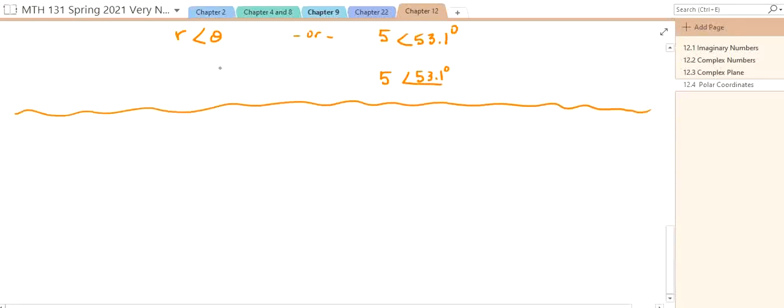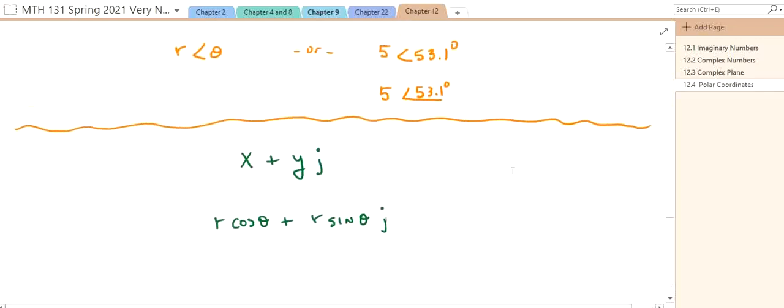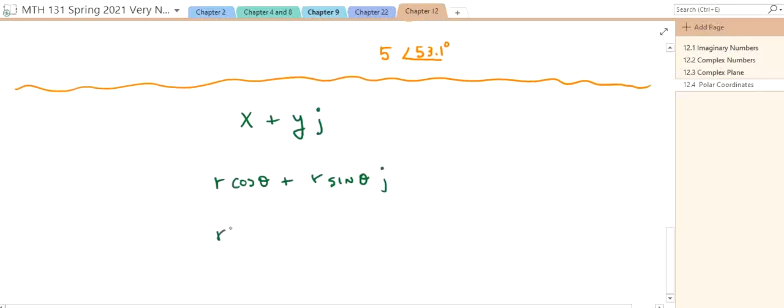So in summary, in the previous section we had x plus yj as our complex number, but now we know that x is r cosine theta plus r sine of theta as our j component. We can pull the r out: r times the quantity cosine theta plus j sine theta.